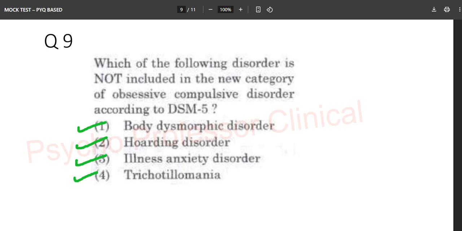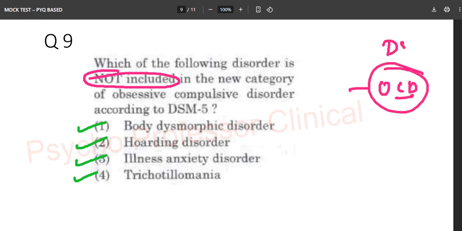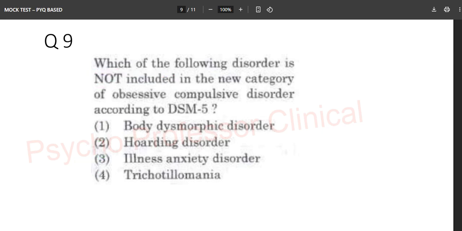But which of the following disorders is not included in the new category of OCD? So under OCD, what is not included as per the DSM-5? You need to study about DSM-5. You should have some knowledge about the categories and distinctions in the DSM-5 and the history of DSM as well. So body dysmorphic, hoarding, illness, and trichotillomania. What is the correct answer? Try to comment down below.